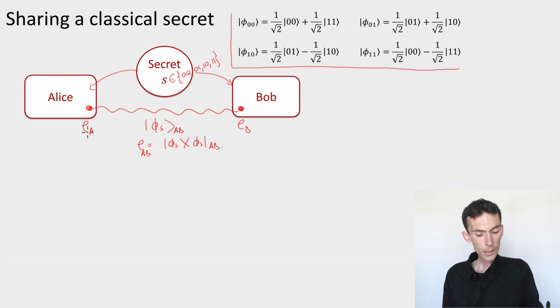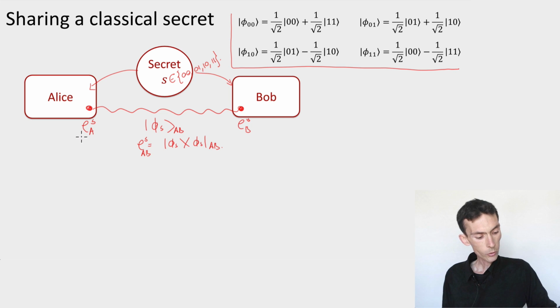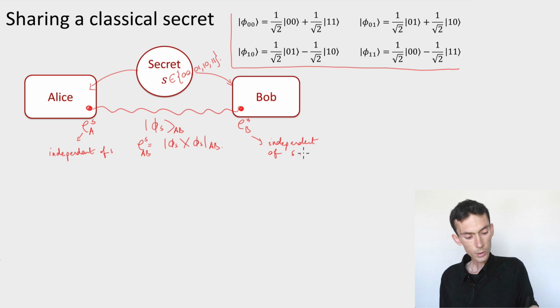So this Rho A, maybe I should put an S here, Rho A^S, should not give any information about S, meaning that it should be independent of S. Bob's should also be independent of S, but it should be the case that the state phi S lets us recover S with probability 1.